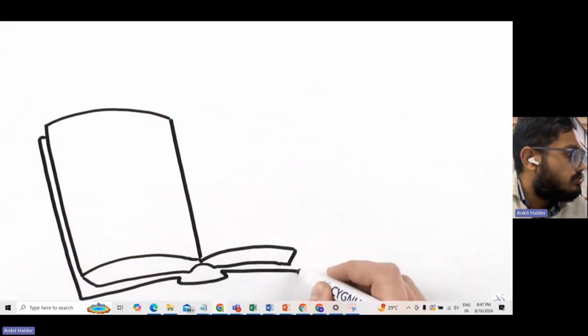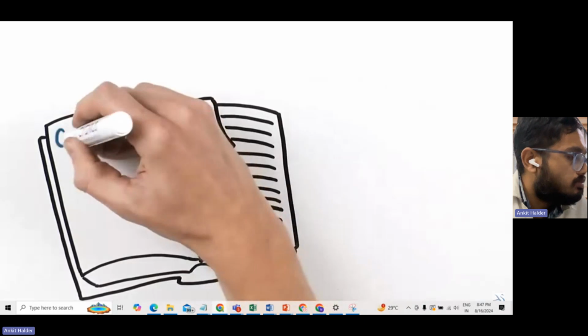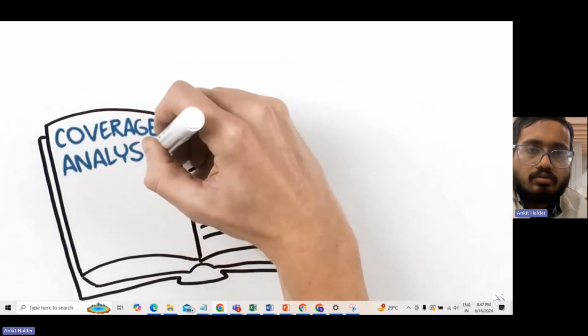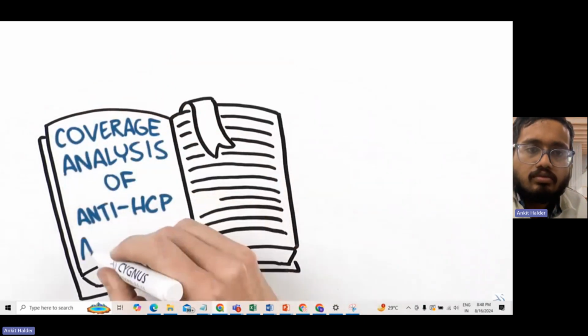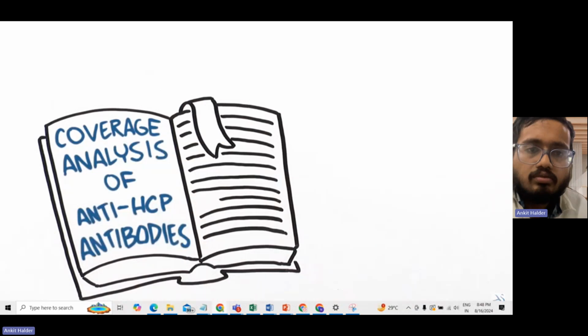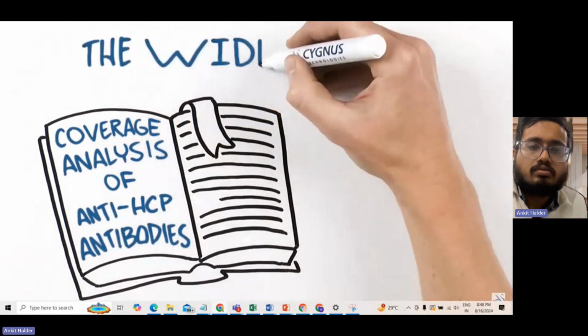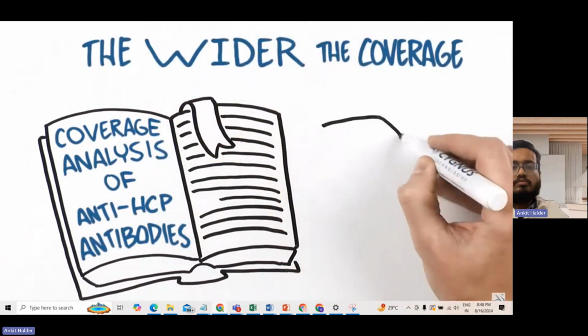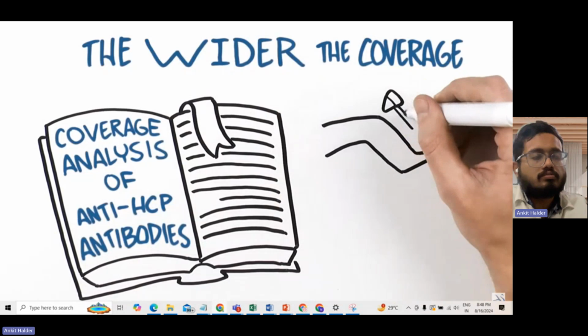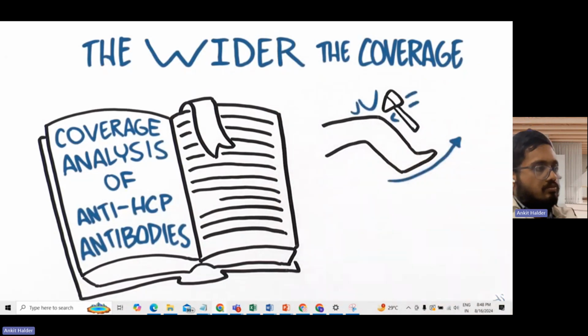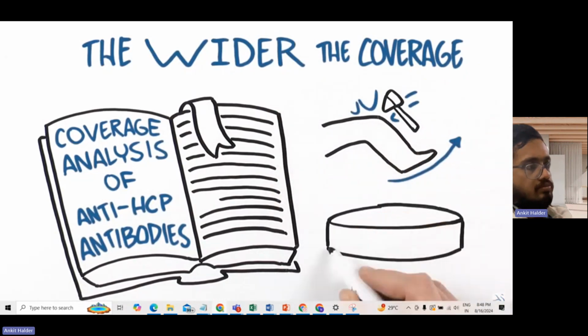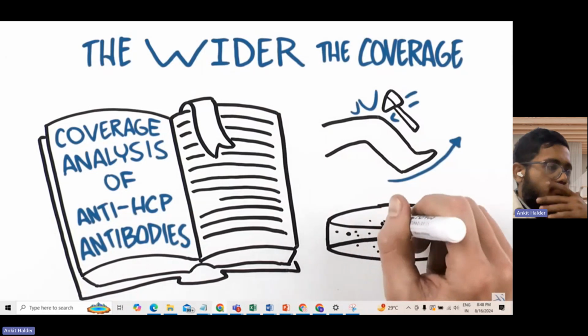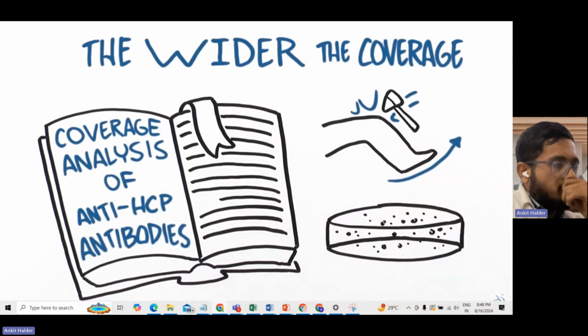The wider the coverage, the more reactive the antibodies will be to HCPs in your cell culture process.